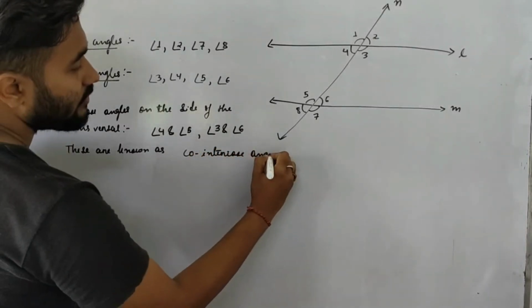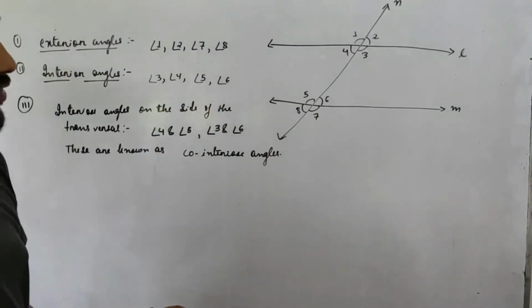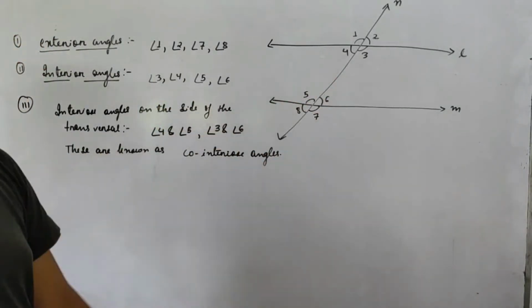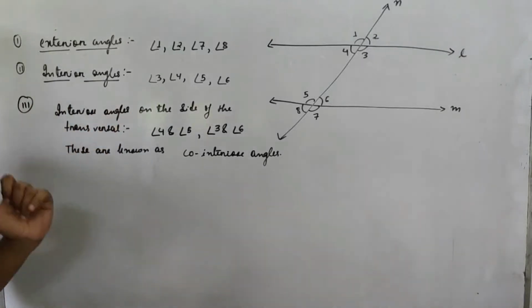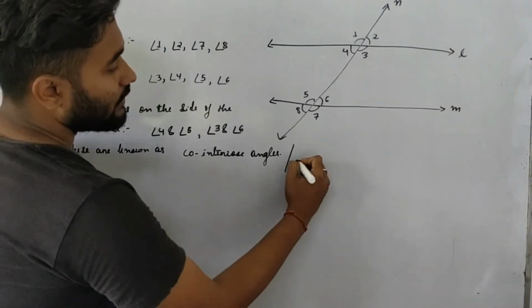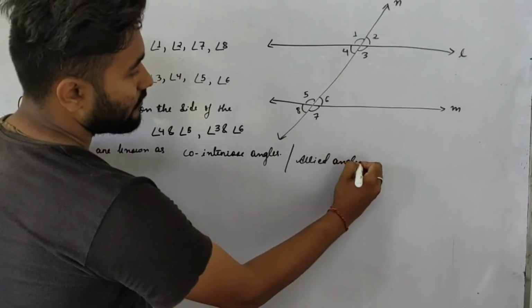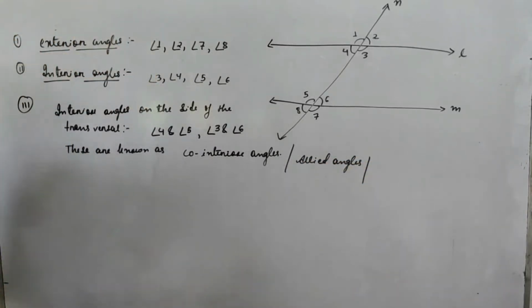Co-interior angles. These are known as co-interior angles. Understood? Co and then interior angles, means they are lying on the same side of the transversal. One more name is there, known as allied angles.